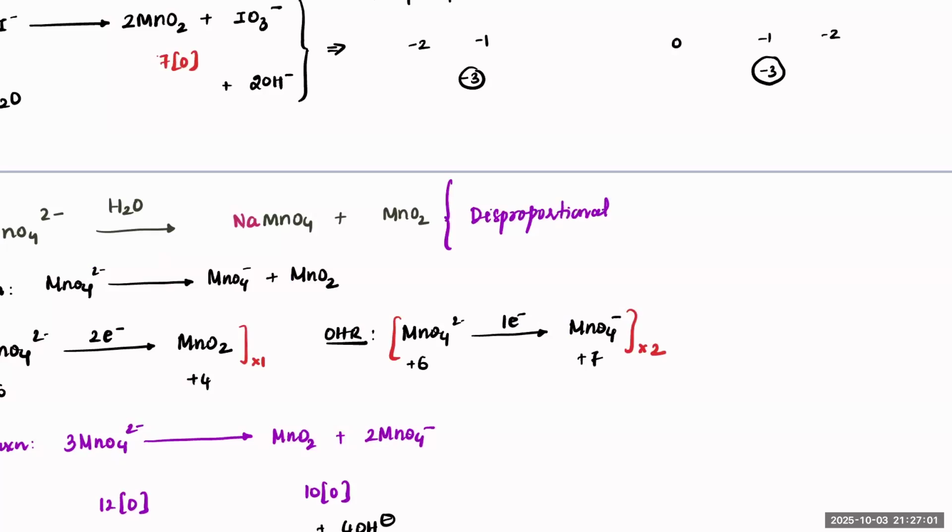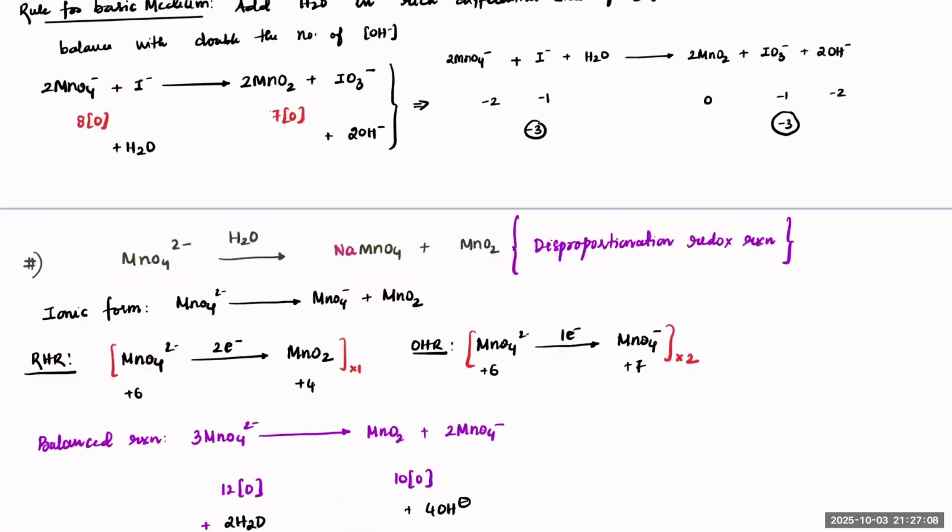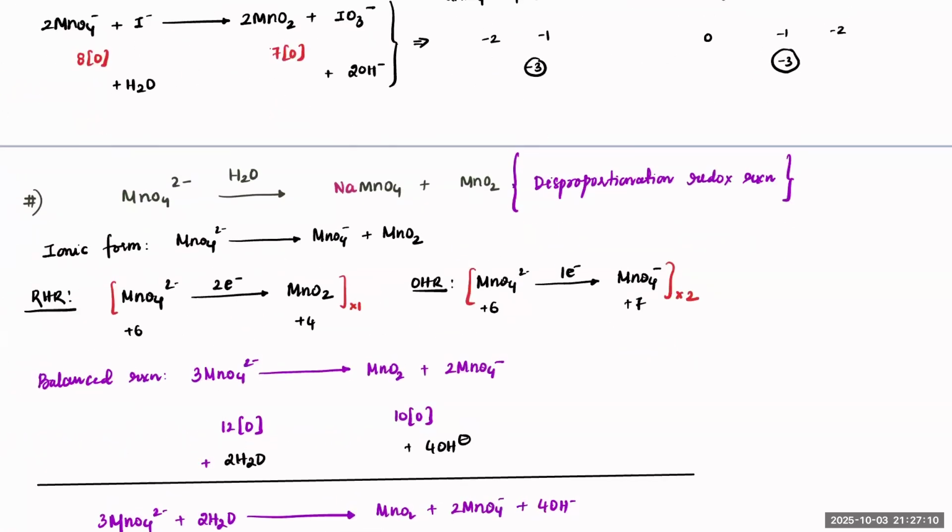Disproportionation redox reaction. Okay, let me remind you again. If a single elemental species is responsible for both oxidation and reduction, then the reaction type is called a disproportionation redox reaction.